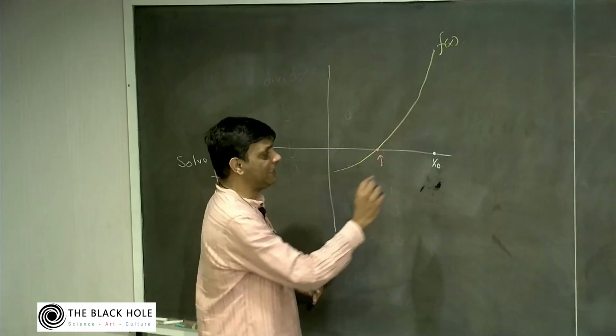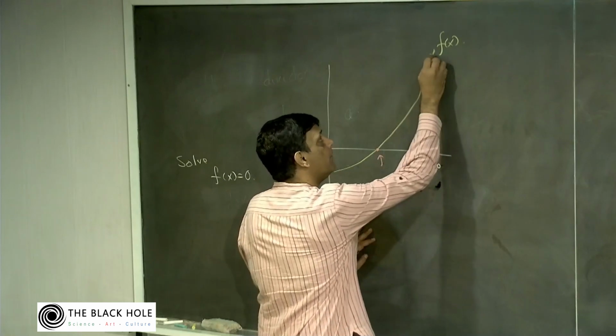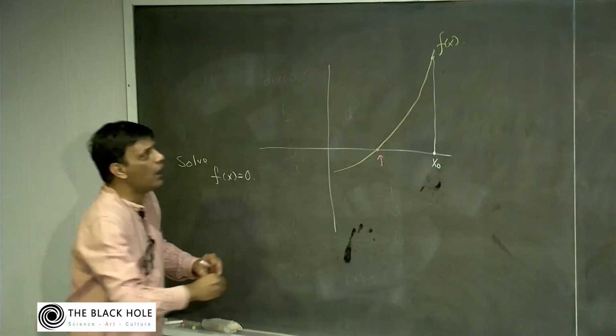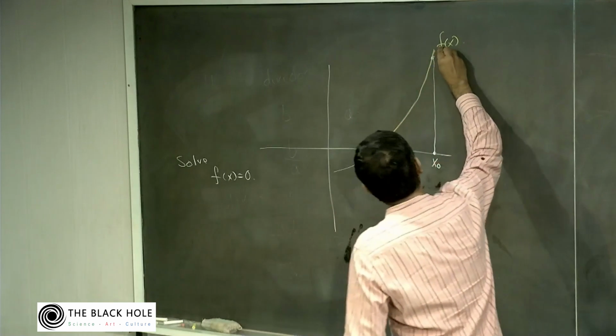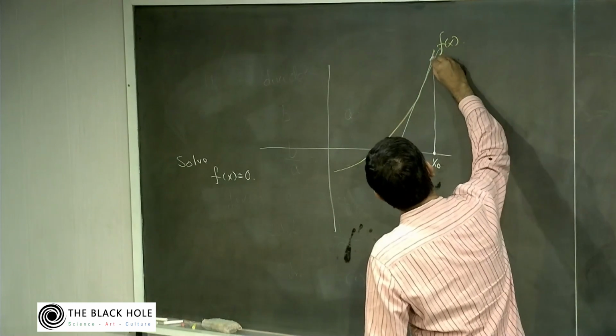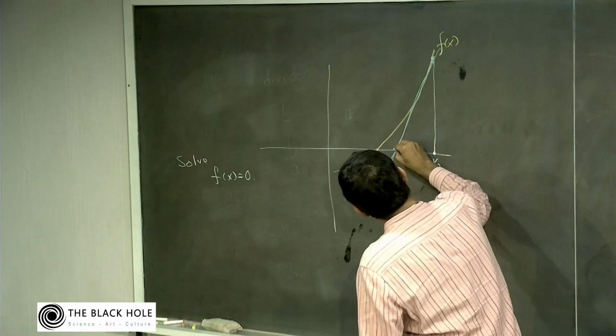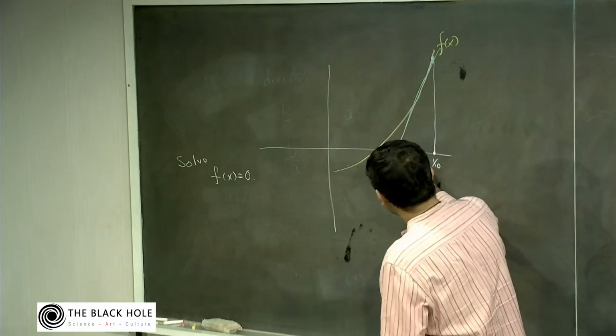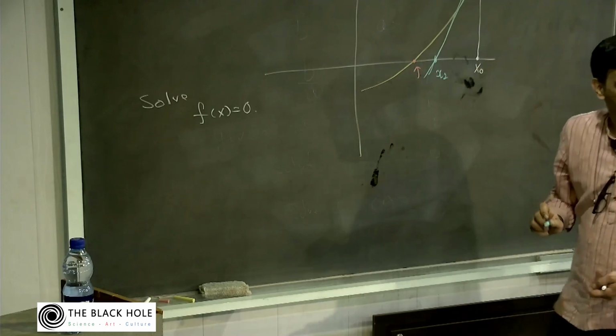A way that can guide you is you compute the value of this function, and now you follow this tangent line, tangent to this point, okay? And here you will get x1, right?